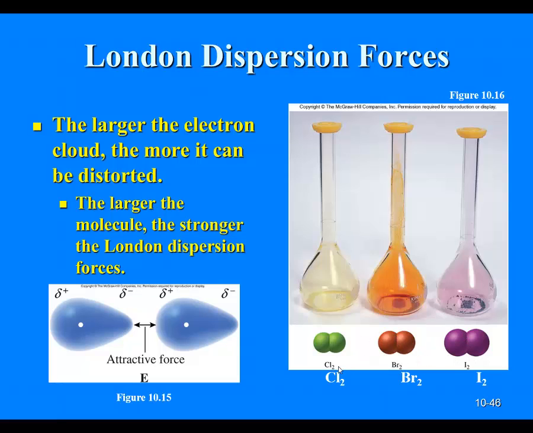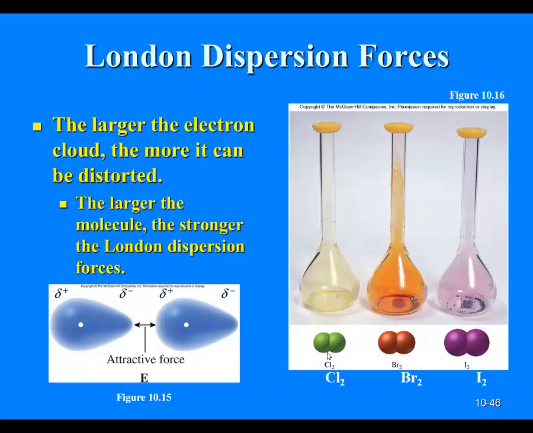So as I go from chlorine to bromine to iodine, as I look at the periodic table, I'm increasing from 35.45 for the atomic mass for chlorine, to 79.9 for bromine, to about 126 for iodine. And as I'm going down, I can see then that I have increasing atomic masses.